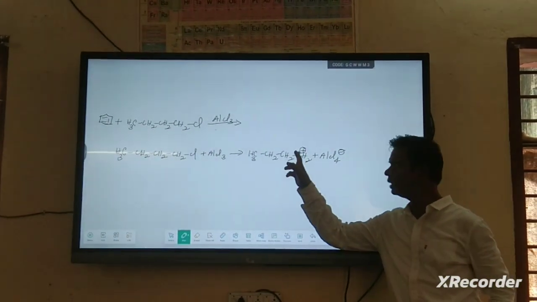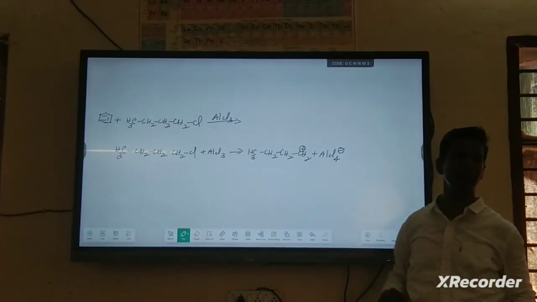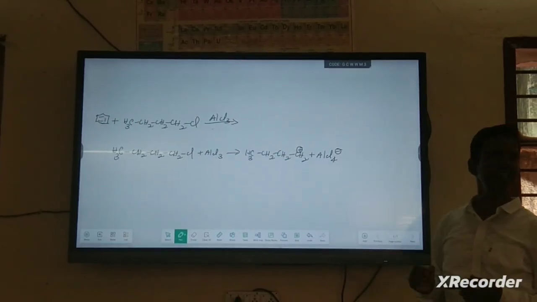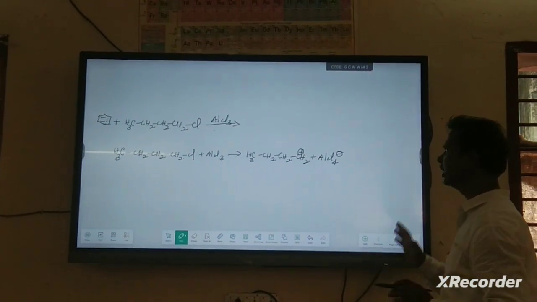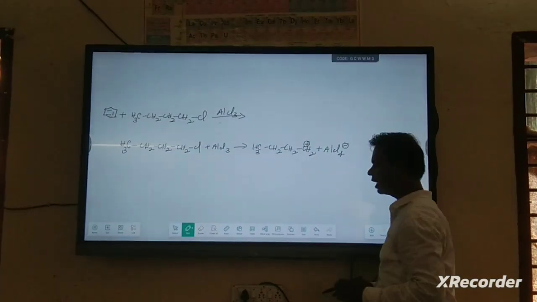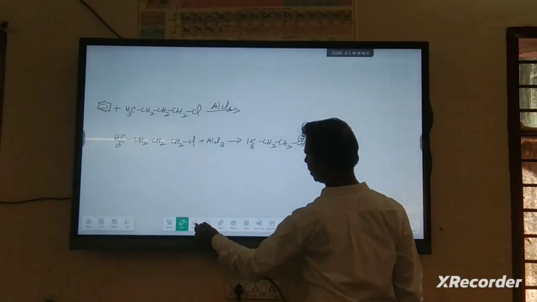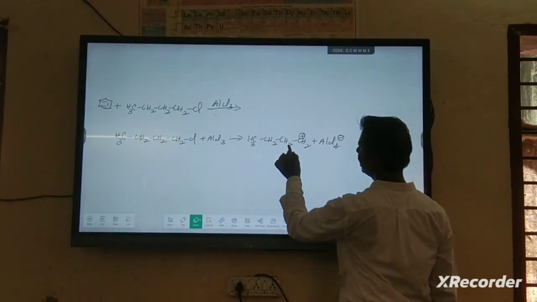Is there any chance to form the secondary carbocation? Yes, there is a chance. How can it form the secondary carbocation? Check it here.